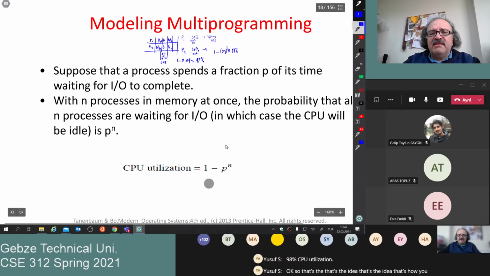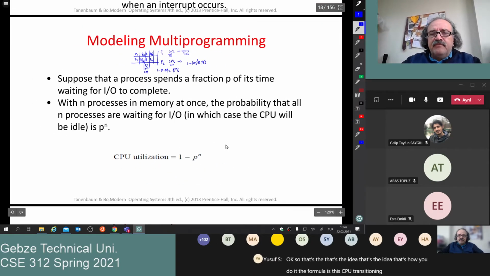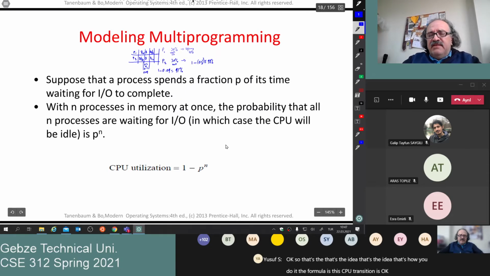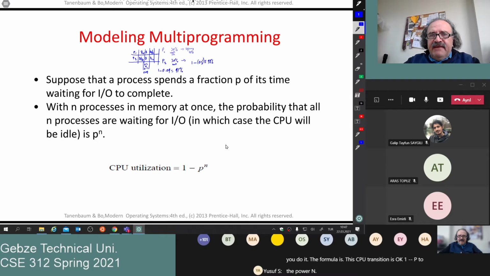The formula is this: CPU utilization is 1 minus p to the power n, where p is the I/O wait time, the blocked waiting time, not the ready time.